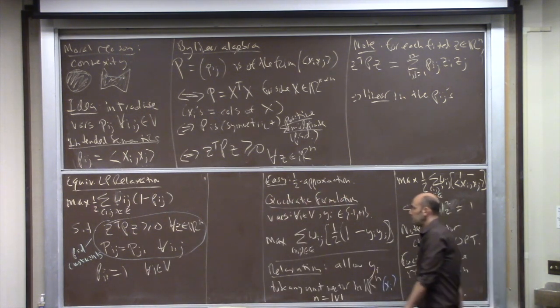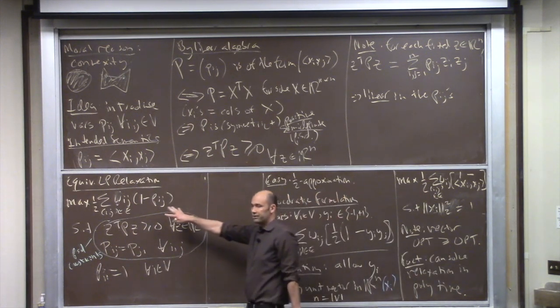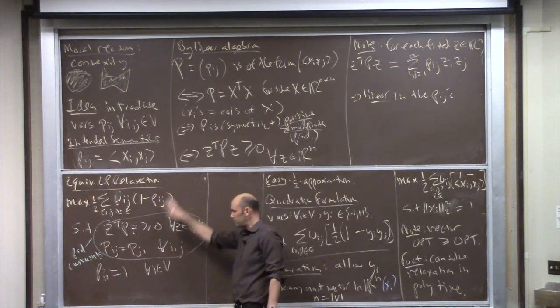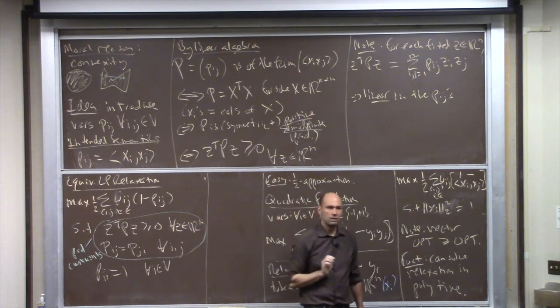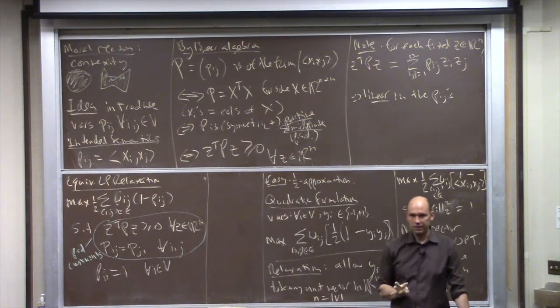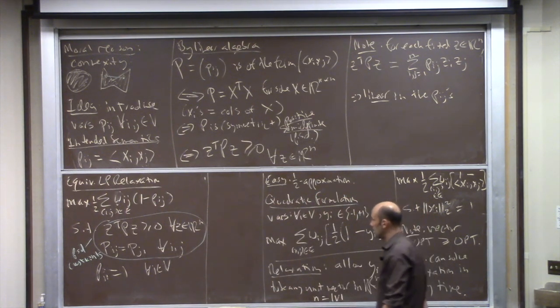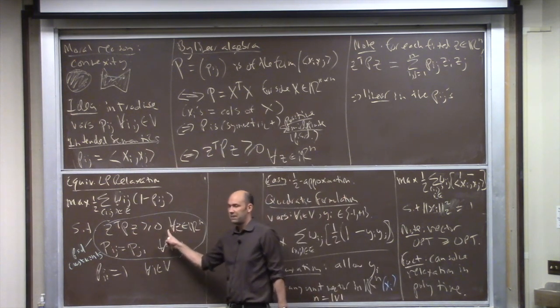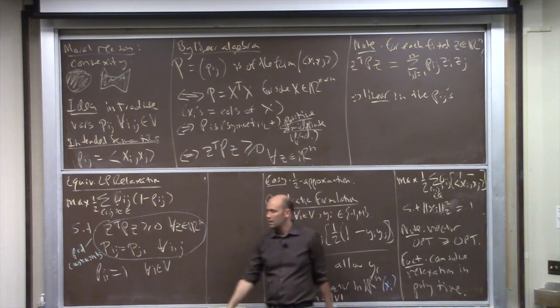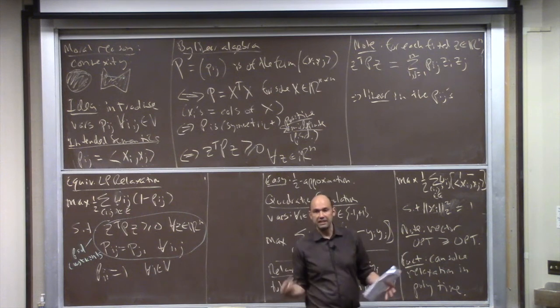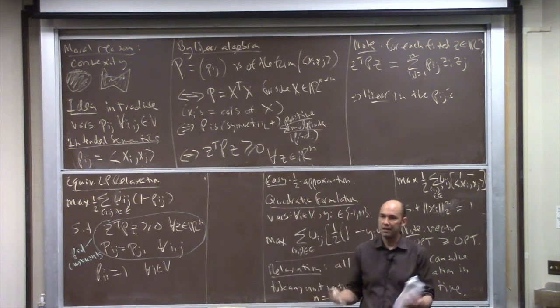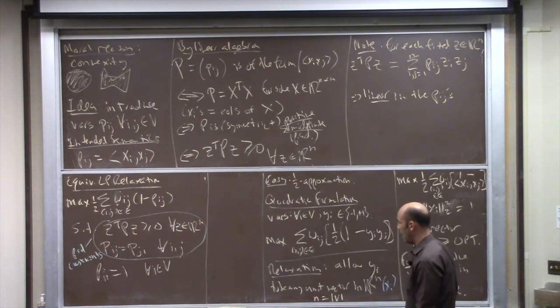Conversely, given a matrix of Pij's satisfying all these constraints, it has to be a PSD matrix. Remember, these constraints are a characterization of PSD matrices. And so that means, by this equivalent characterization, P has to arise as the dot products of xi's.